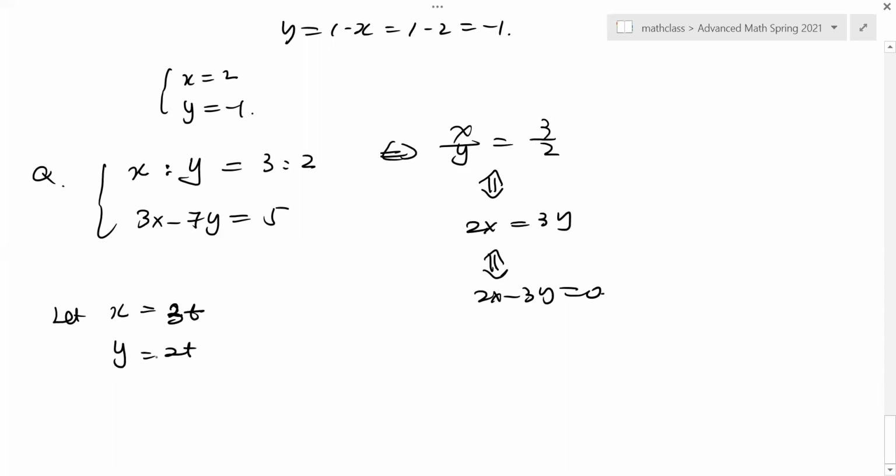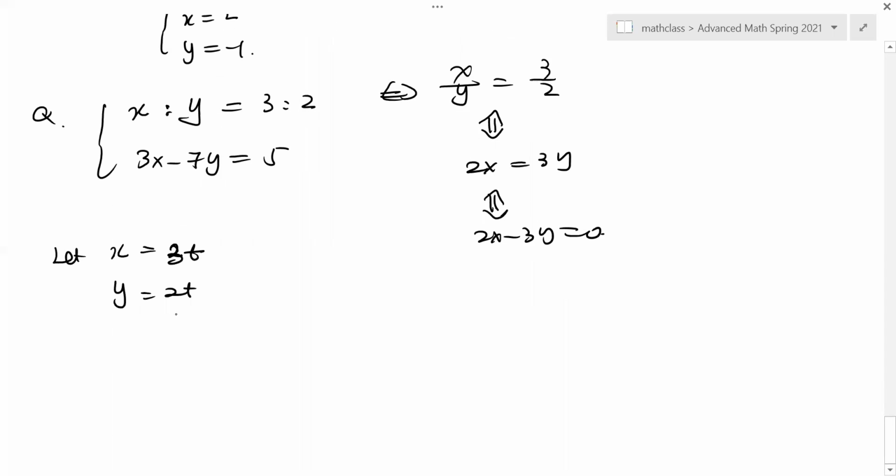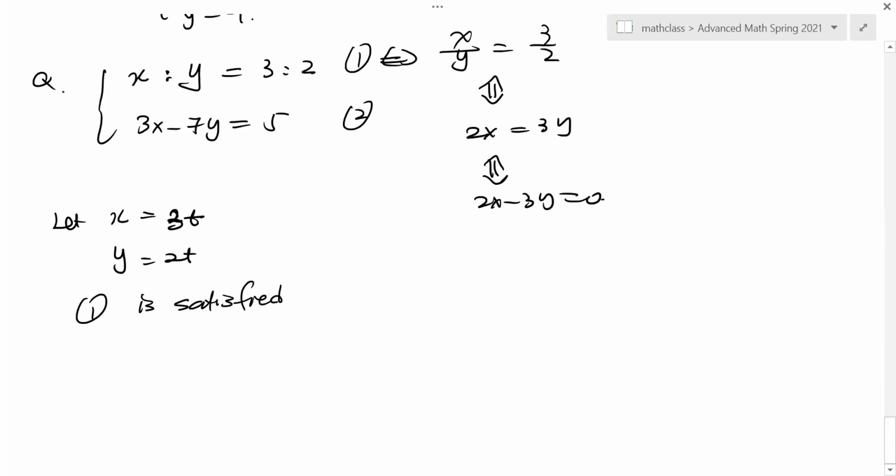So x and y must be related in this form in order to keep the ratio equal to 3 to 2. And using that, you plug into the second equation. Then the first equation is satisfied, coming from the ratio.